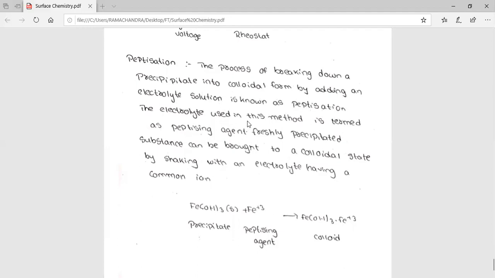The electrolyte used in this method is termed the peptizing agent. A freshly precipitated substance can be brought to a colloidal state by shaking with an electrolyte having a common ion. This is a precipitate; we use a peptizing agent as the ion, and we get a colloidal solution of iron oxides and hydroxides.